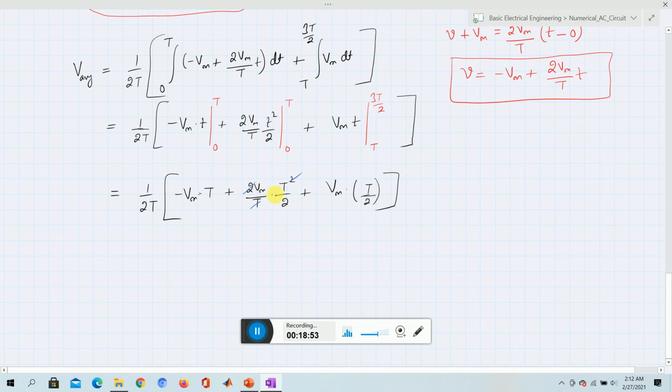Here 2 and 2 cancel out, and the rest of the things remain. This is minus VmT, and here this is VmT. So these two terms also get cancelled out, and what is left is this value. So we can write 1 by 2T into Vm T by 2. This T cancels out, and this becomes Vm by 4. So the average value that we are getting is Vm by 4 from this expression.